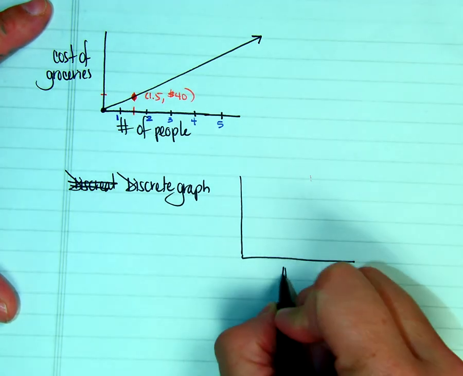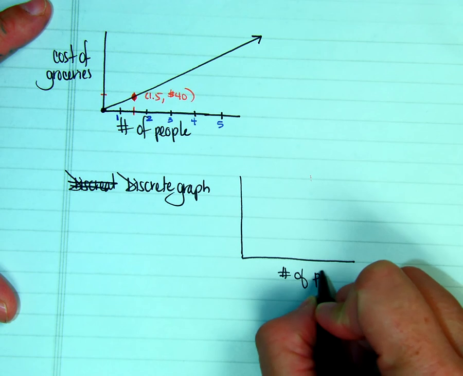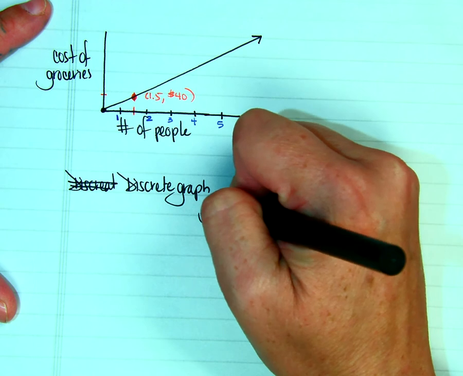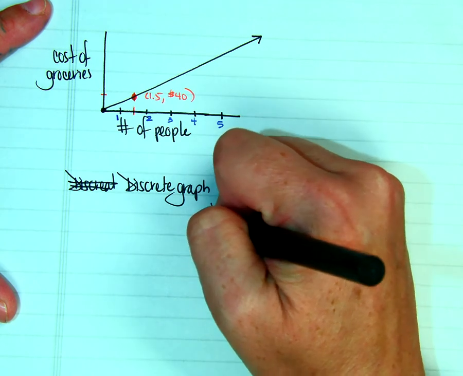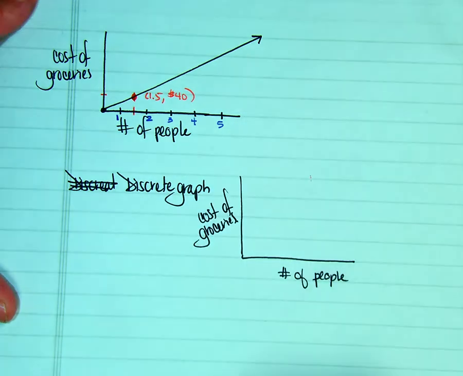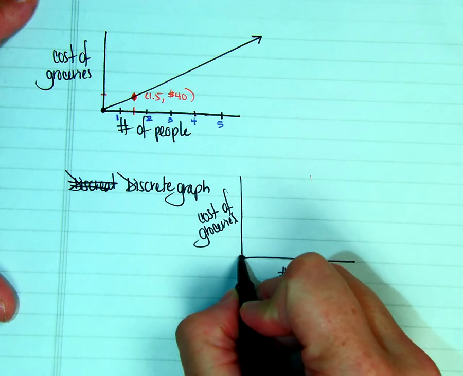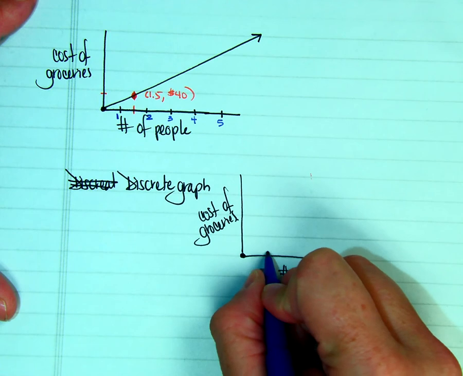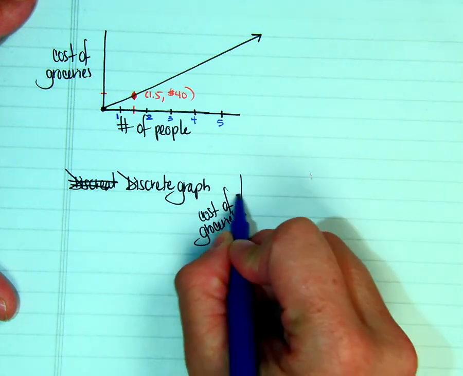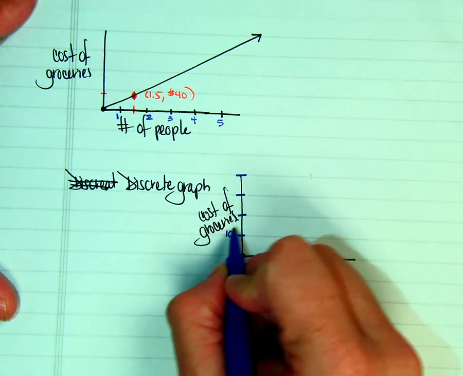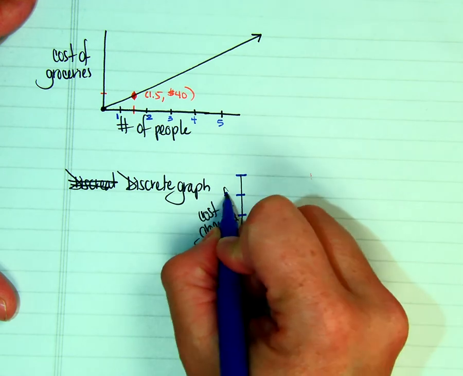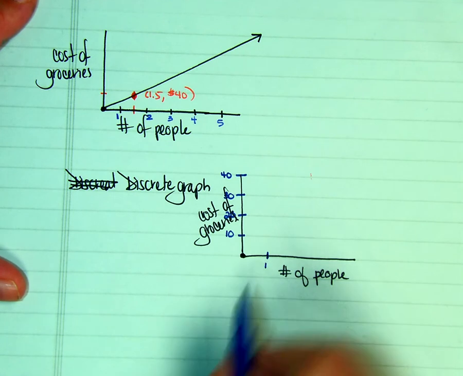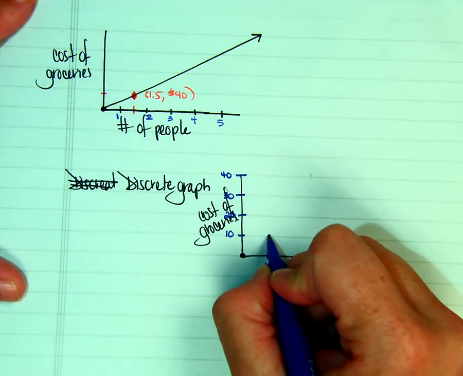Let's do the number of people and the cost of groceries. Okay, so if we have 0 people, we're going to have 0 cost of groceries. Let's say this is, we'll make it cheap, $10, $20, $30, $40. So if I have one person, it might cost $10.